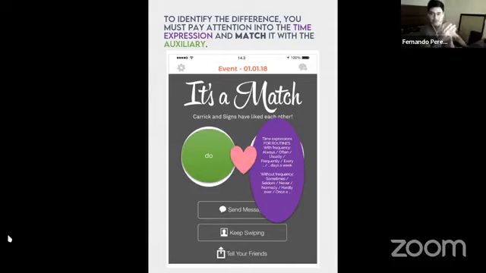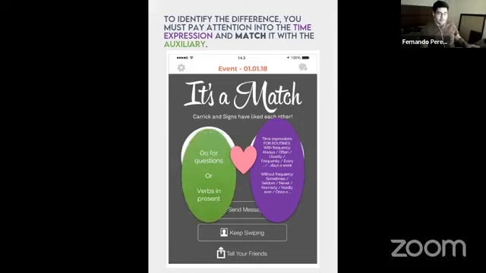The auxiliary do and the verb in present, do for questions, or verbs in present have, and they match with these time expressions.